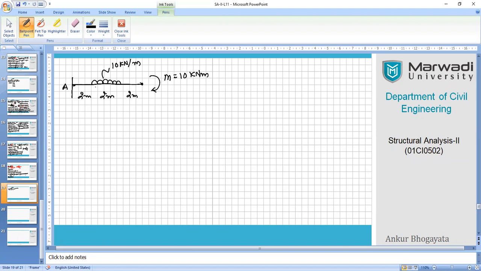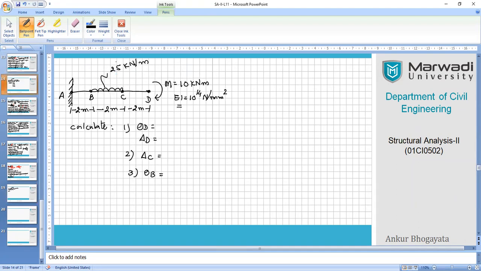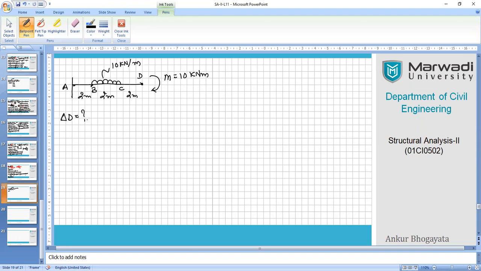Just to demonstrate how you will create equations for A, B, C and D, I'm just showing you. Let us say, for example, we are interested in deflection at D, right? Assume EI is constant, and you can change this UDL value to the original value of 25 kilonewton. Here I am just showing you the equation only.